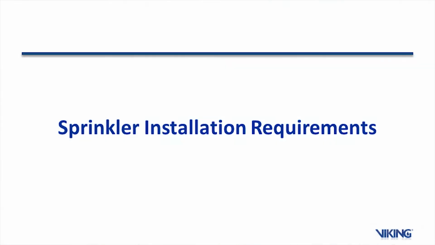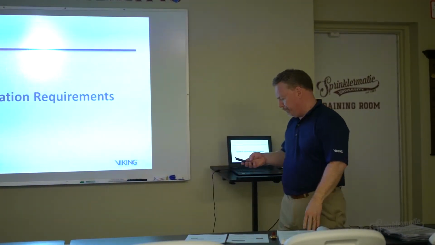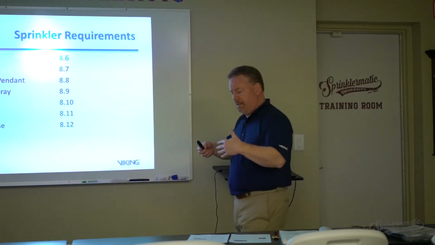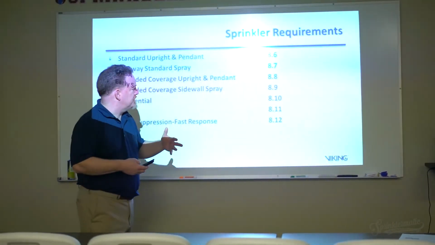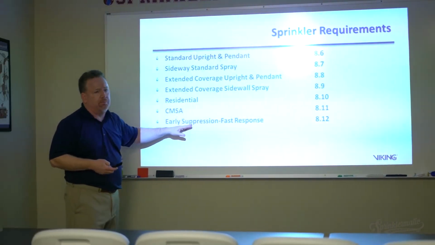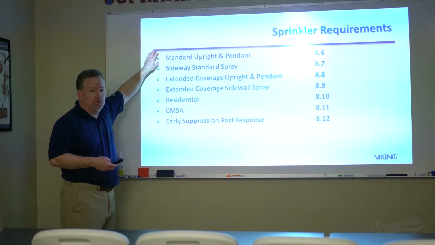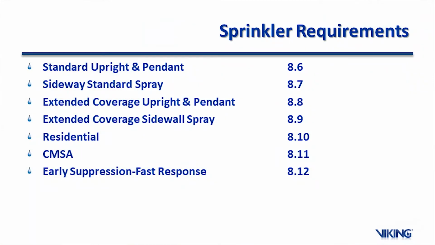All right, so now let's get into specifically the installation requirements for each of the individual sprinklers or sprinkler types. Remember, we said that you follow the rules, except where 8.6 through 8.12 modify that. All the rules for the installation of standard spray pendant and upright sprinklers are found in 8.6.